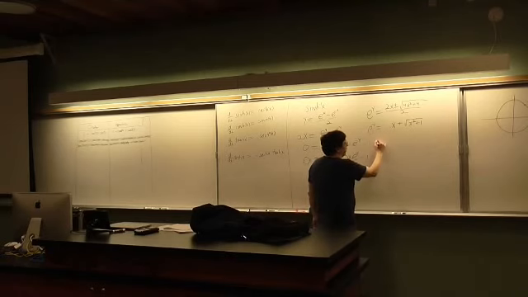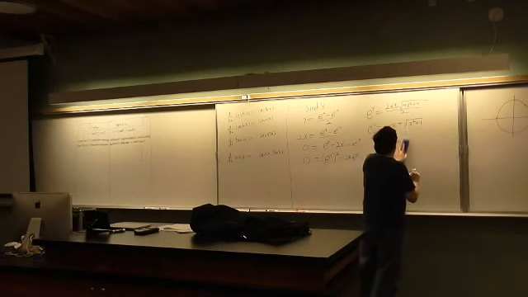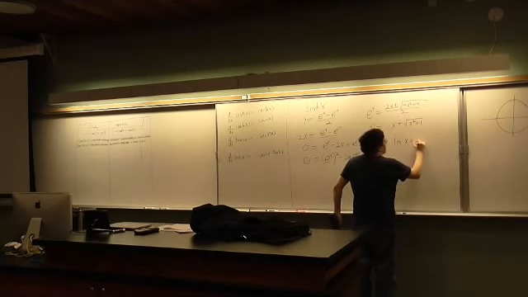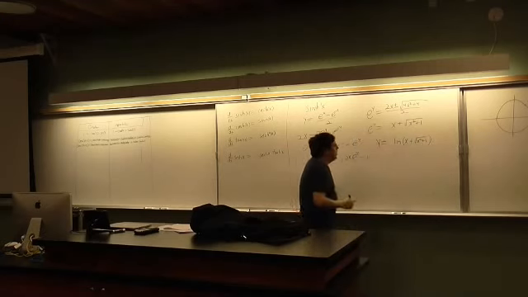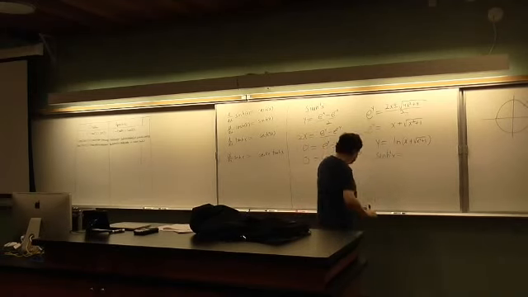And now we can solve for y. y is just the log of x plus the square root of x squared plus 1. So that's my inverse hyperbolic sine.